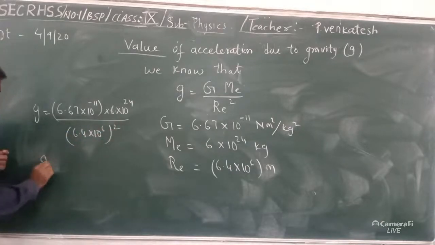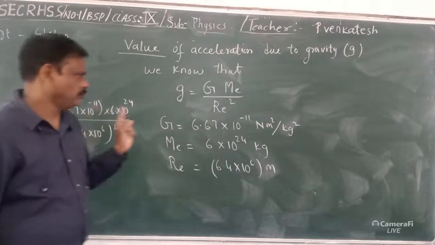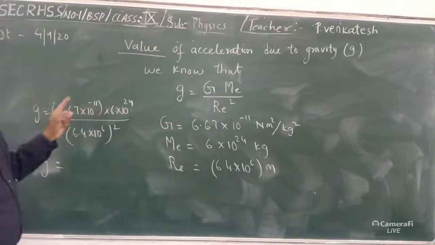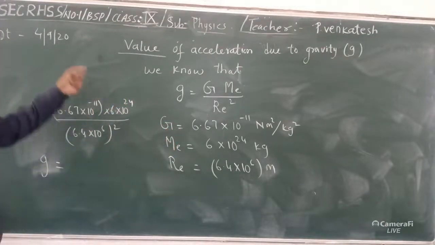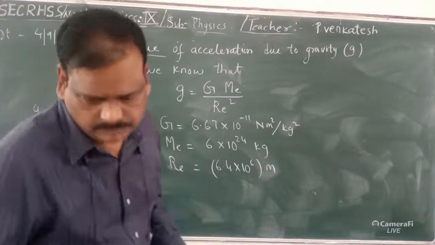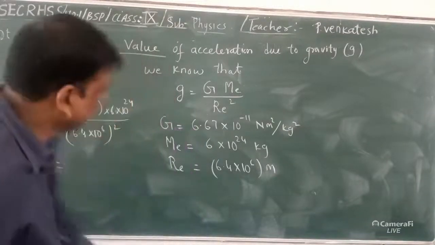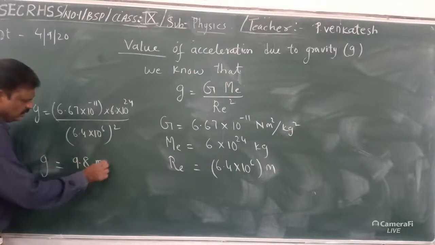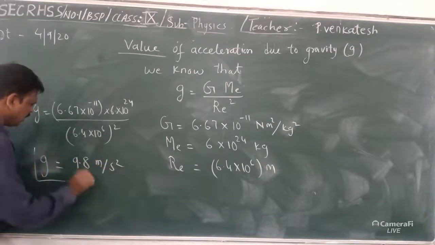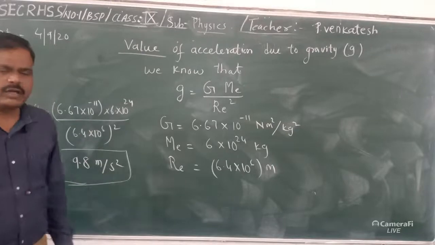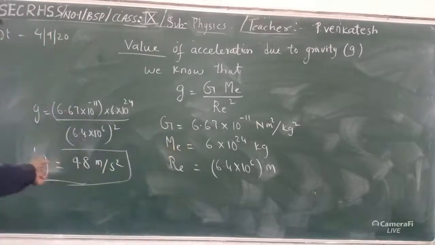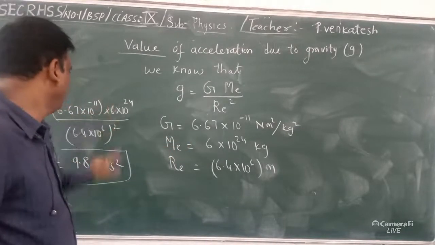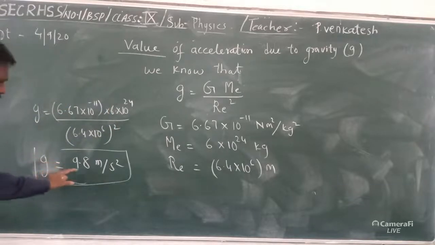When you calculate this one, what will you get? When you calculate the whole thing, you are getting 9 point. No need to calculate it, let it be, because in higher classes you will learn, no need to learn now. From this when you calculate this one, you will get g equal to 9.8 meter per second square.